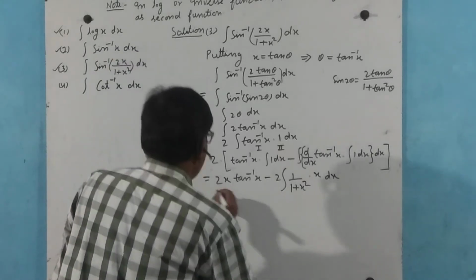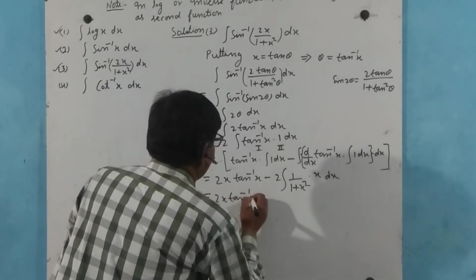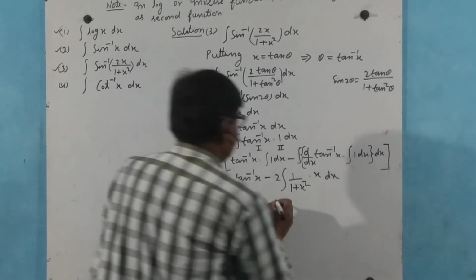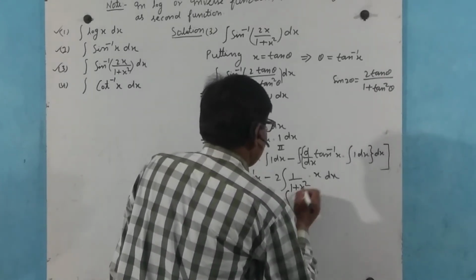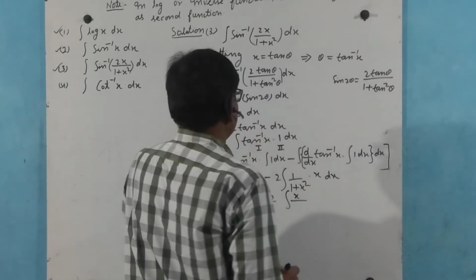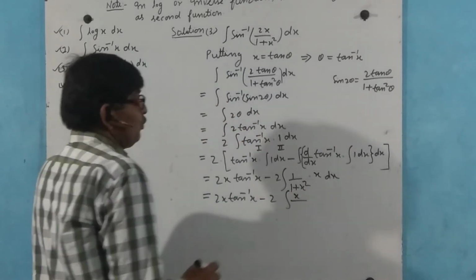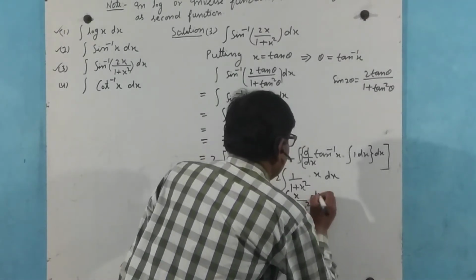Now 2x tan inverse x minus 2 integration of x by 1 plus x² dx.